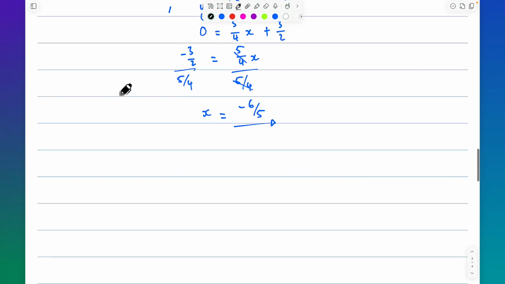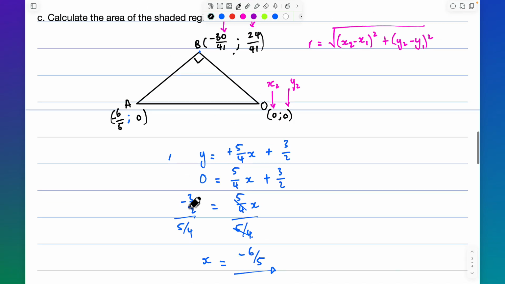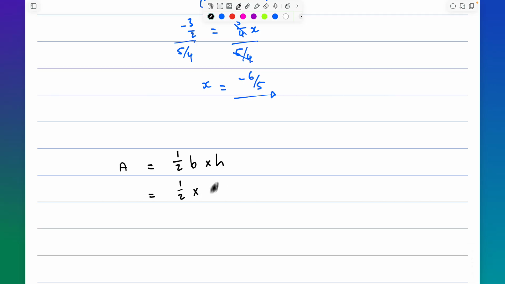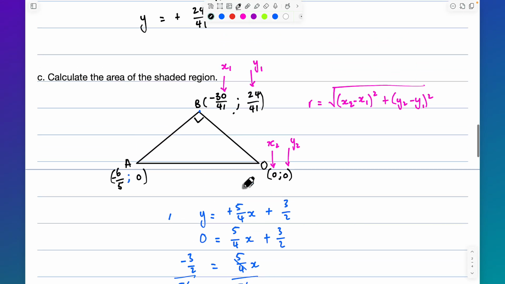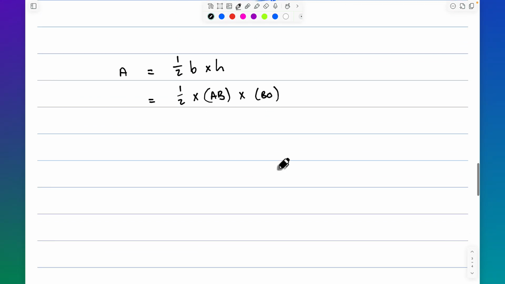So the reason why we're doing this is we're trying to find the area. Area is going to be equal to half base times height. In this case, our base is going to be line AB, so that's half of the line AB multiplied by the height, and our height in this case is OB or BO. That means now we need to find those separately.